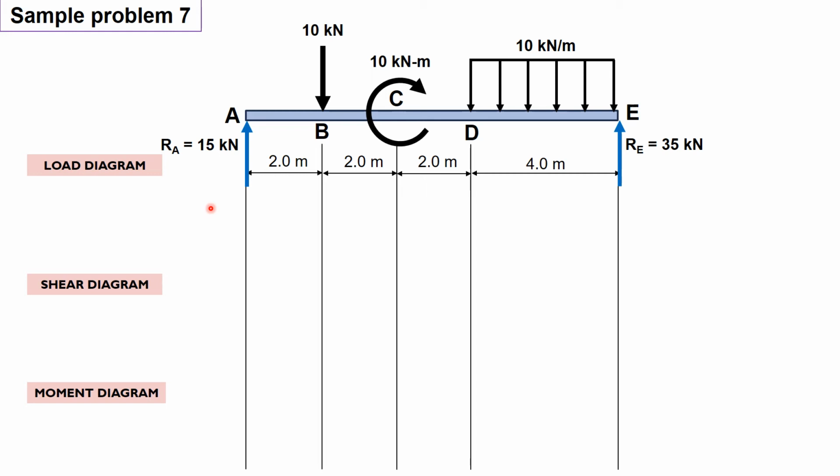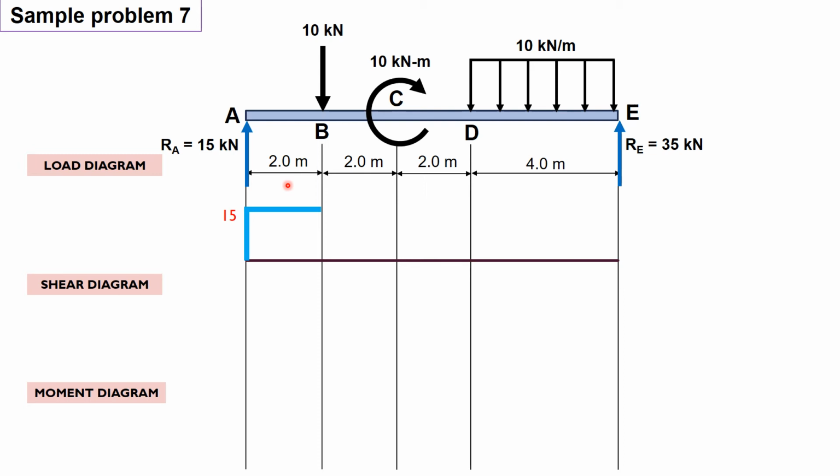So, we will draw the shear and moment diagrams. Draw a line parallel to the beam. At point A, you have upward of 15. You draw a vertical line, a positive line, representing that 15 kilonewton force. From A to B, there is no load, so horizontal lang shear.